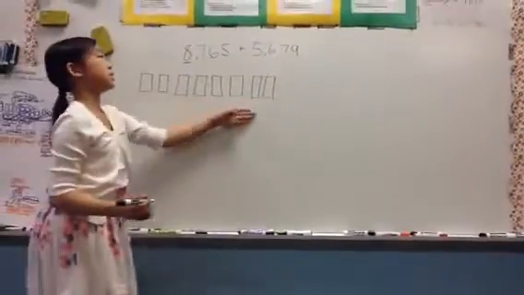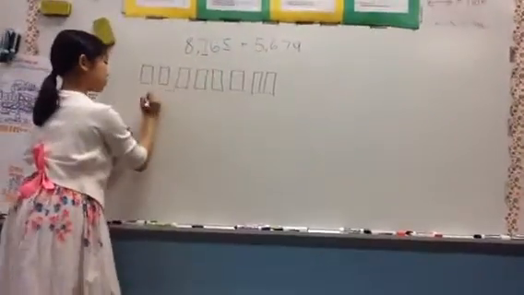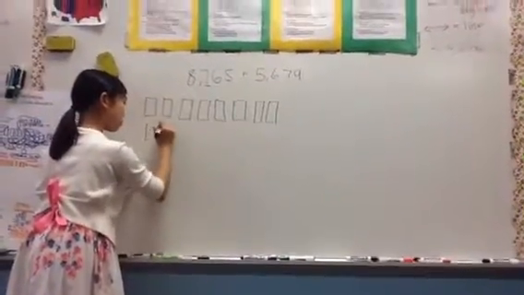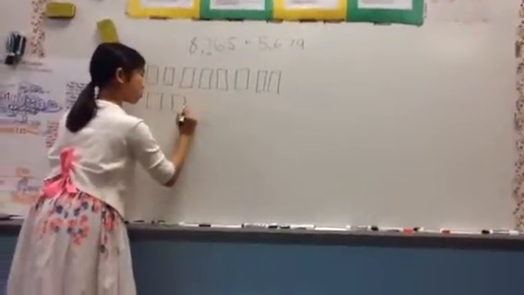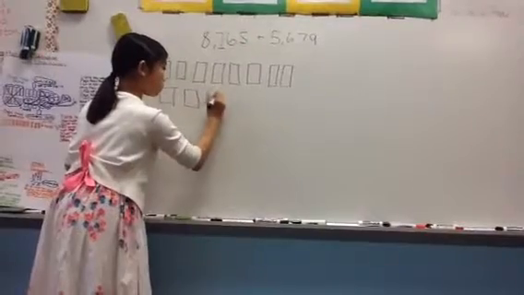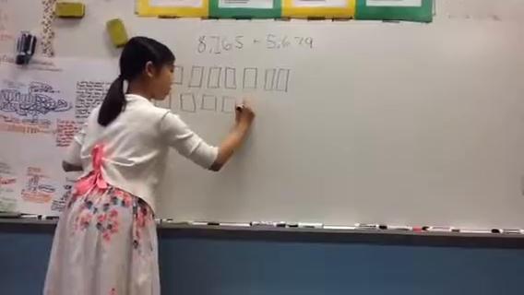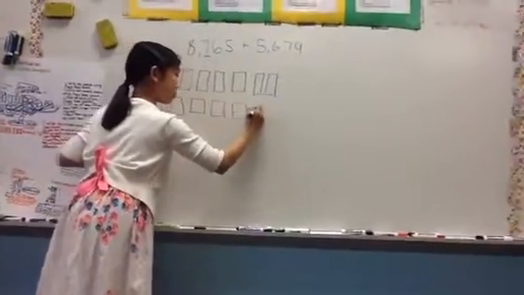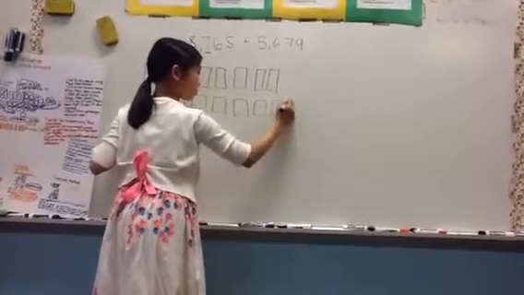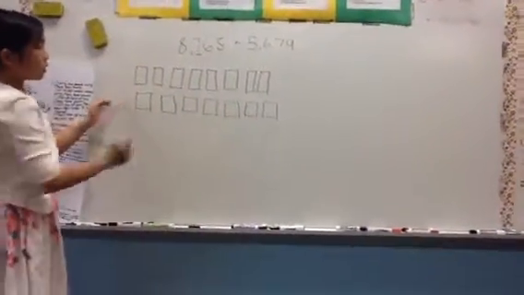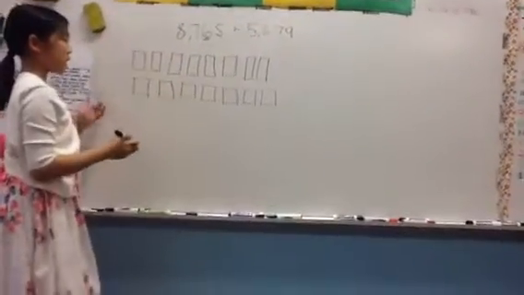Here is our 8,000s. Next, we will go to the 700s. Then we will go on to the third digit, which is the tens.